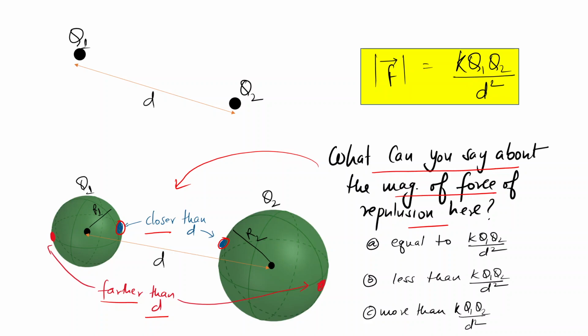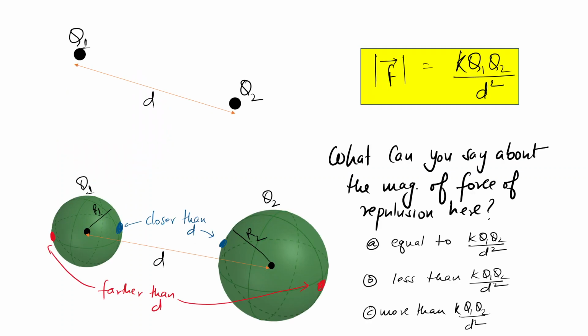This is a very fundamental question, and this could be groundbreaking for a few people. Somebody can say, intuitively I feel that this should be equal to kq1q2 by d square, but then we need to go into it, we need to analyze it. How? We need to reason with simpler things.